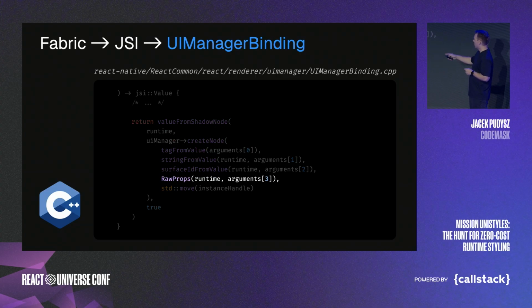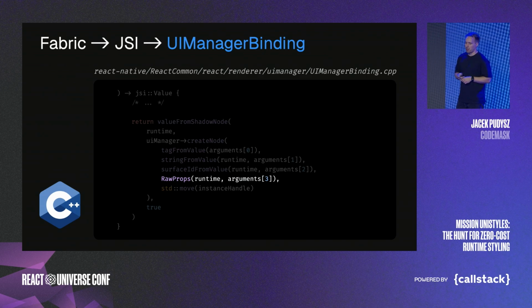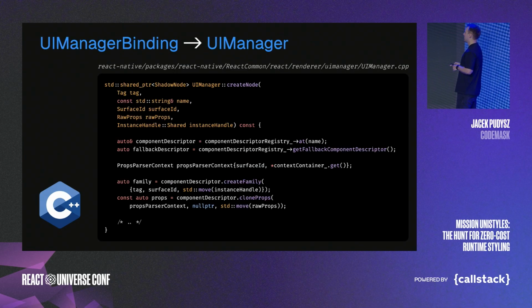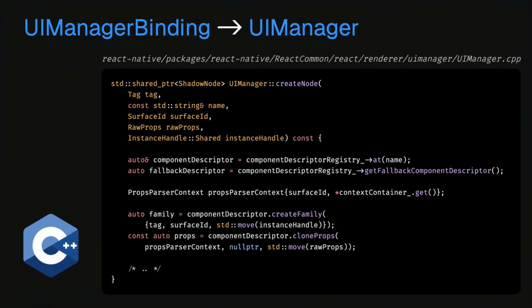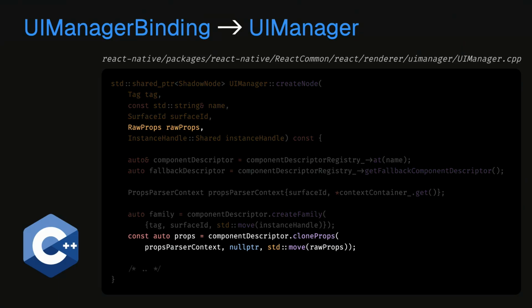And raw props are passed further to the UIManager createNode. Let's go inside. This is the last C++ snippet, so bear with me. And again, we have our raw props here, and they are passed to clone props. Now, this may be a little bit hard to understand, but from now on, we have multiple layers of inheritance, conversions, and so on.